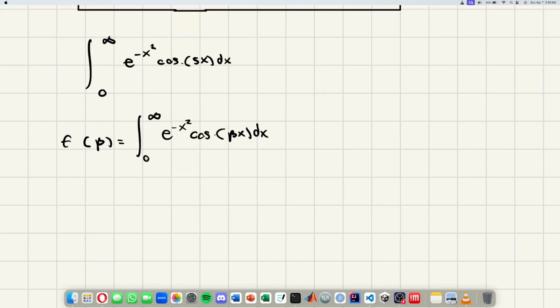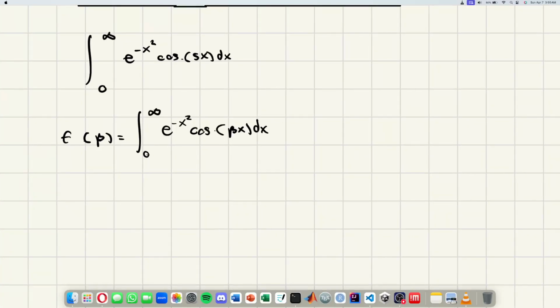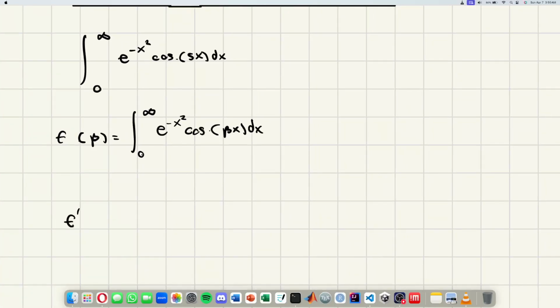So the next thing we need to do is differentiate this. So I want the derivative of f of beta, which I'm just going to express as f prime of beta, just as shorthand notation. And then I want the derivative with respect to beta of the integral.